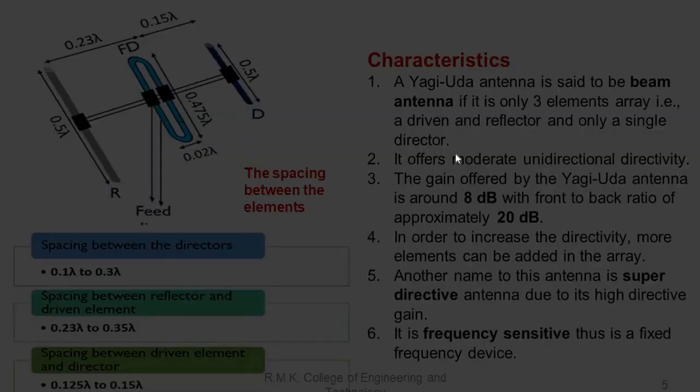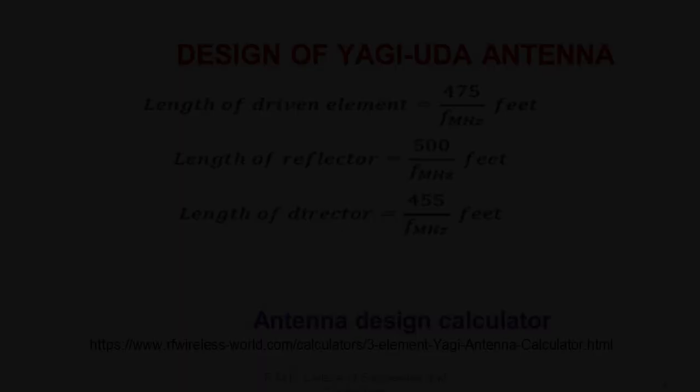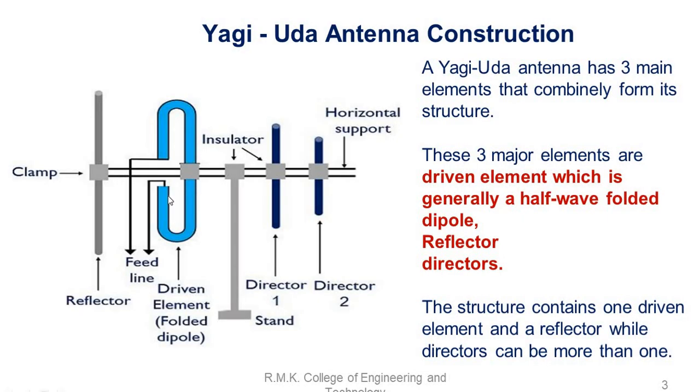And in this Yagi-Uda antenna, these are called parasitic elements. Because first we connect the feeder to the driven element, and it starts radiating the signal, or it will act as a resonator. Because of this resonance, it will induce an electromagnetic field in the nearby conductors.